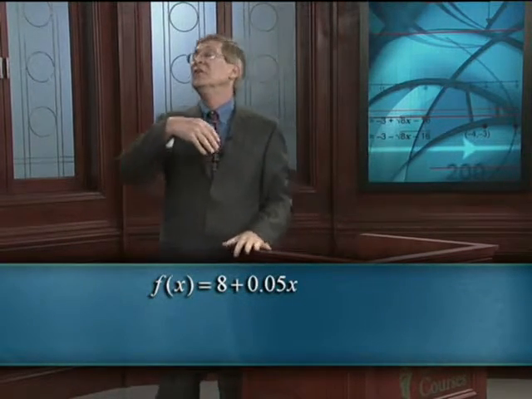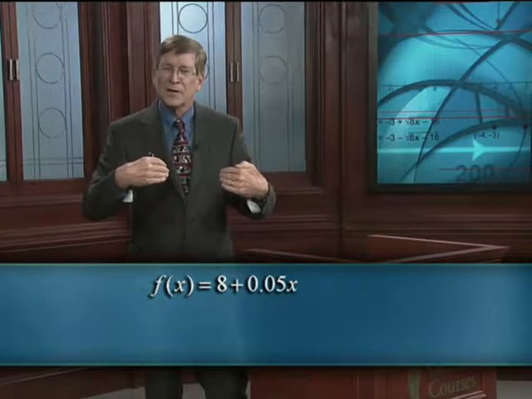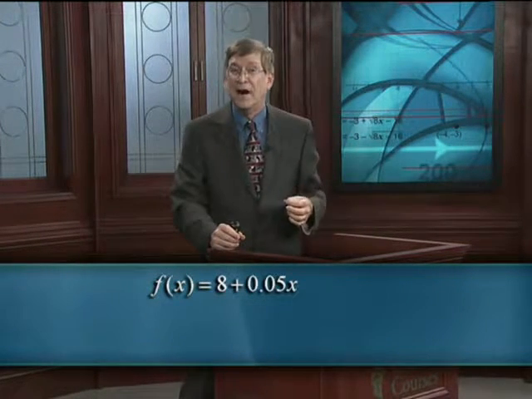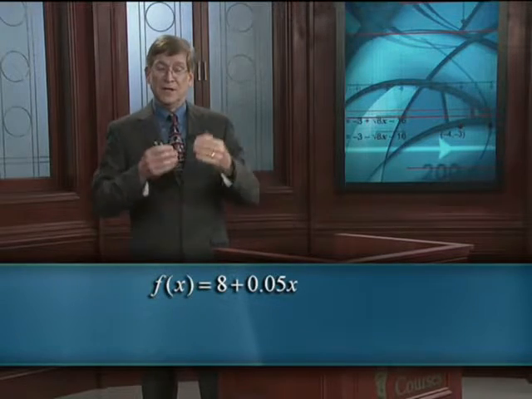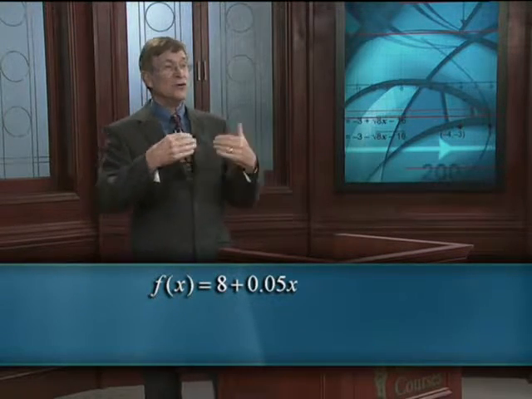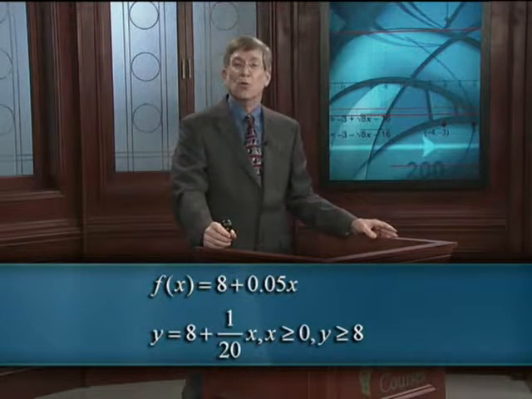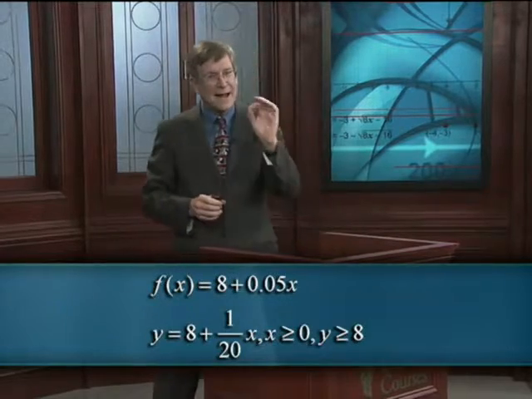For instance, if I sell 0 hamburgers, I'll still get my $8. And if I sell 1 hamburger, I'll get $8 plus 0.05, 8.05, etc. So that would be the function that gives my wage as a function of the number of hamburgers I sell. And you could also write it as 8 plus 1/20th x. 0.05 is 1/20th.